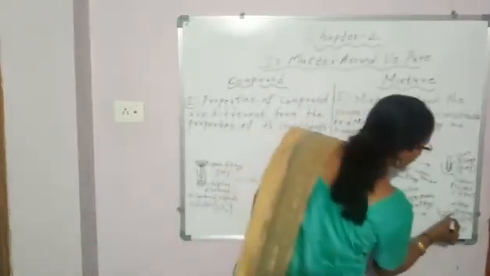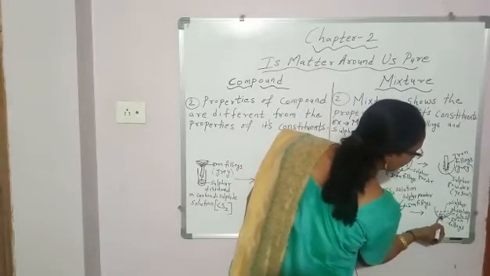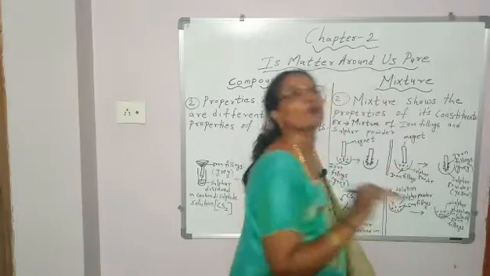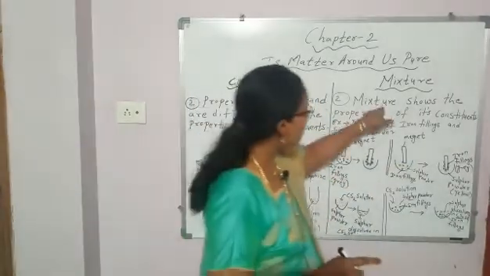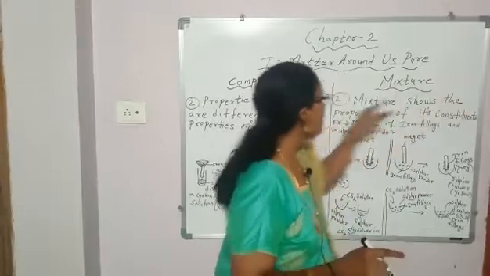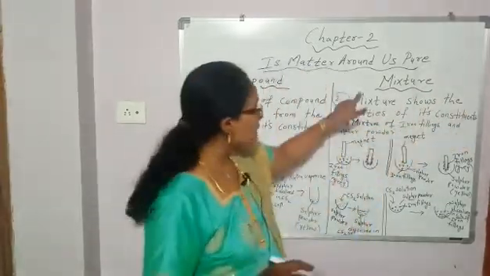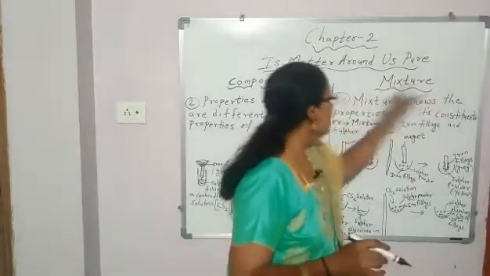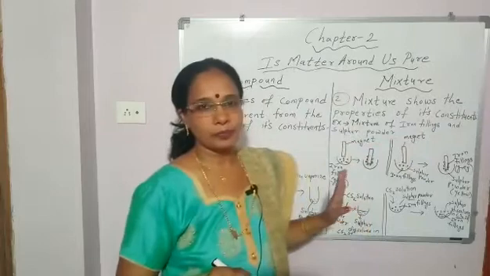So sulfur will dissolve in carbon disulfide solution and this iron filling will come and settle down. So what is the second property we discussed? Mixture shows the properties of its constituents.